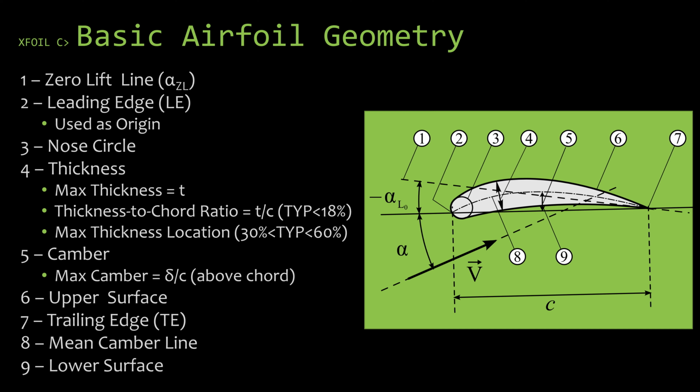Usually it's normalized to the chord, so it gets you a percentage value. The distance above the chord divided by the chord gives you percentage of the chord. These are usually less than 5%, but that's definitely an interesting value that we use. So that's something you're going to need to pay attention to.